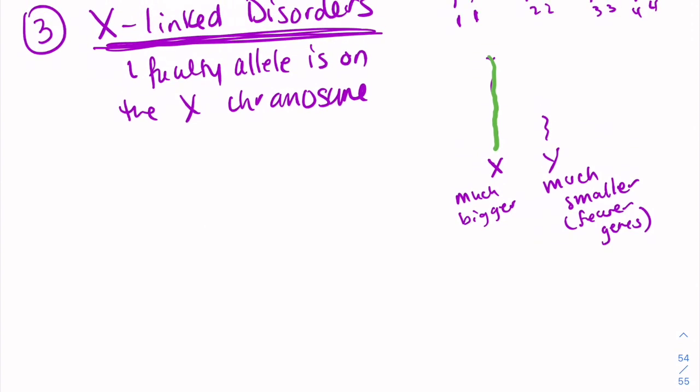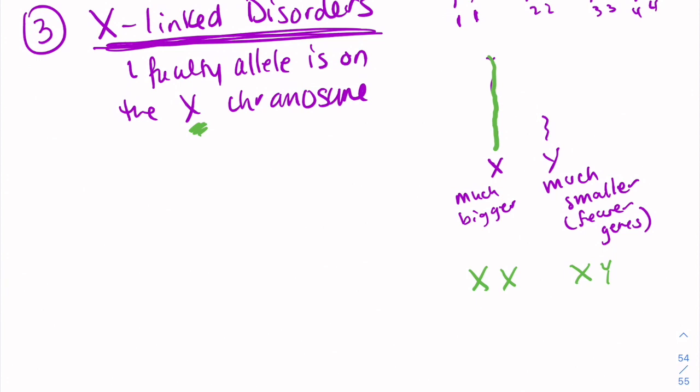Alrighty, so X-linked disorders are different in that the faulty allele is on the X chromosome. But get this, the inheritance pattern is going to be a little different because females have 2 X chromosomes and 2 chances to get a faulty allele or a healthy allele, and males only have 1 X chromosome where there could be a faulty allele or a healthy allele, and their other chromosome is a Y. So the inheritance pattern is going to be different here.